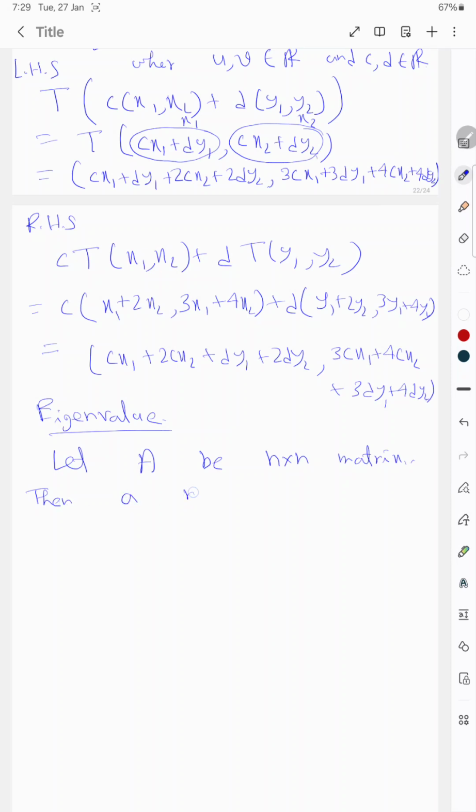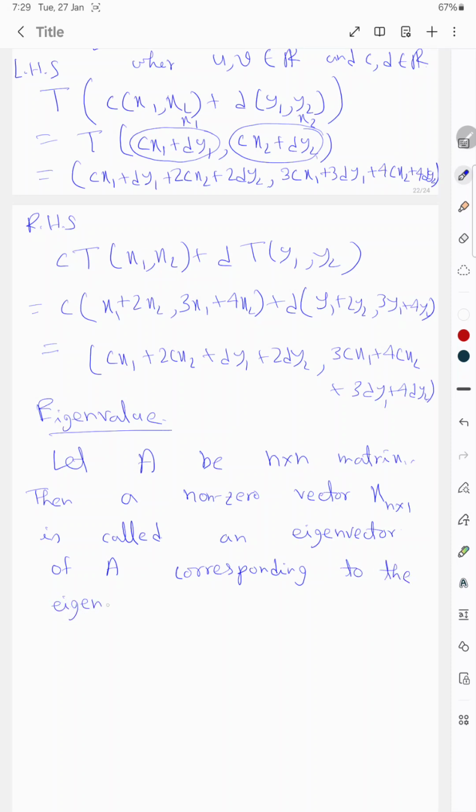Then a non-zero vector x, which is basically n cross 1, is called an eigenvector of A corresponding to the eigenvalue lambda if Ax equals lambda times x. So here we have covered eigenvalue and eigenvector.